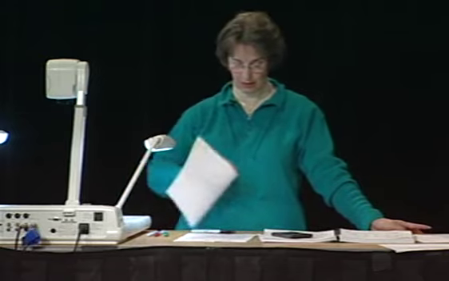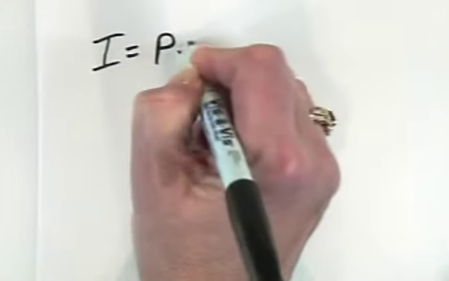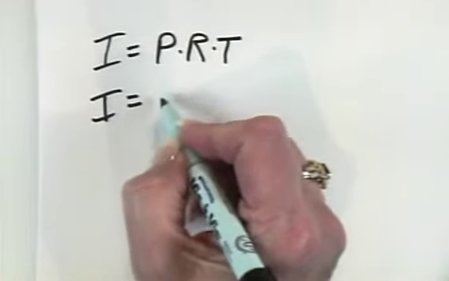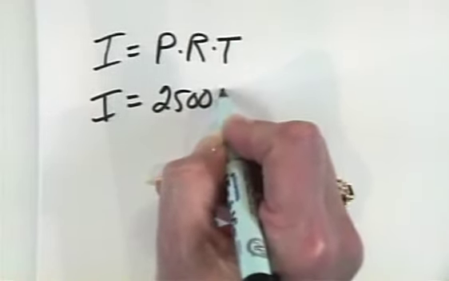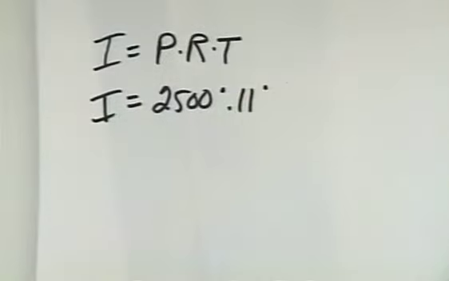So, okay. Here we go. Principal, how much did we borrow? $2,500. Rate is 11%. It's daily. It's 180 days, and it's ordinary.